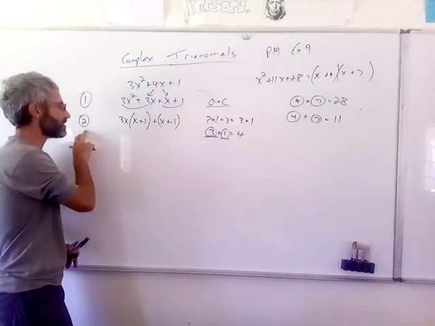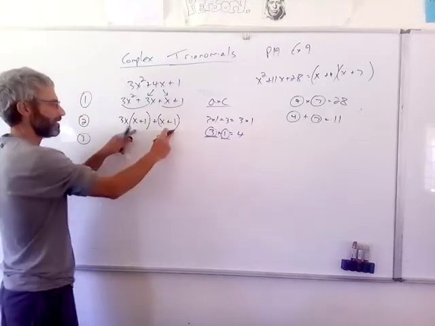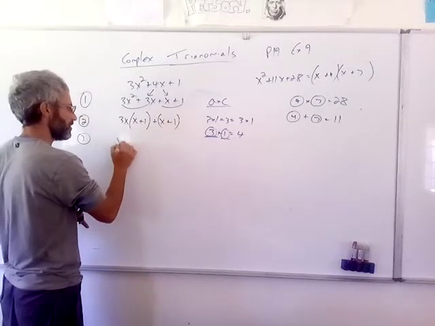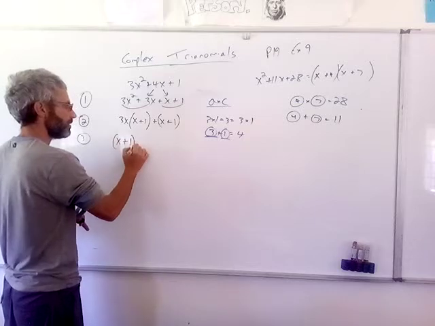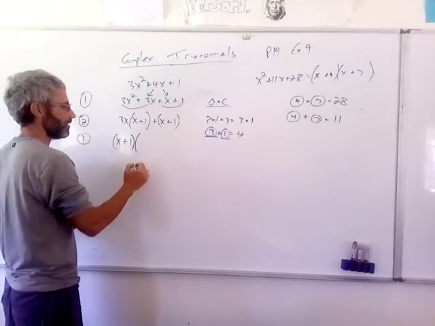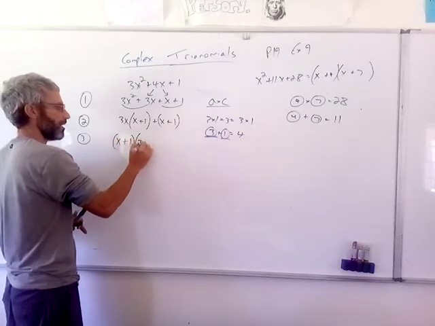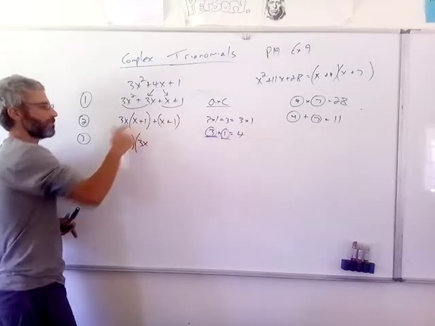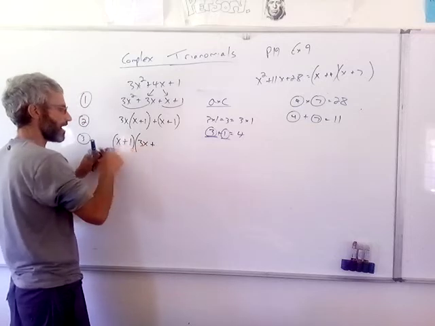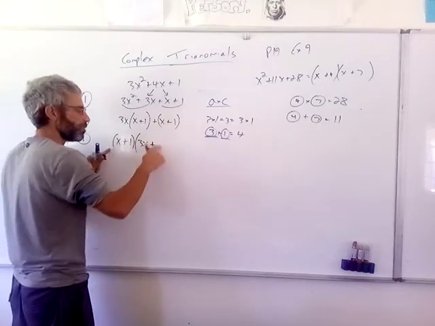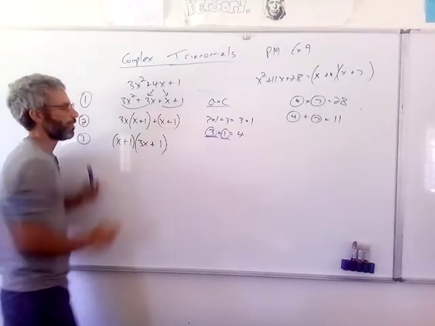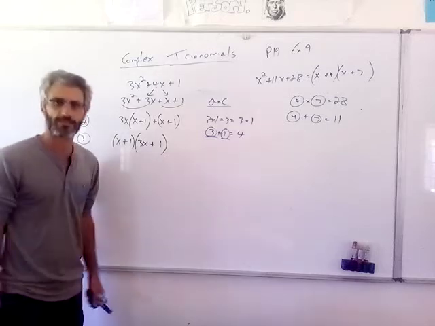So I've grouped it, and now I'll group it again. I can see these two terms are the same, so x plus 1 is the common factor. Then I multiply the first x plus 1 by 3x, so 3x times x plus 1, plus, well, I already have x plus 1. x plus 1 times what will be x plus 1? Just 1. And that's it.